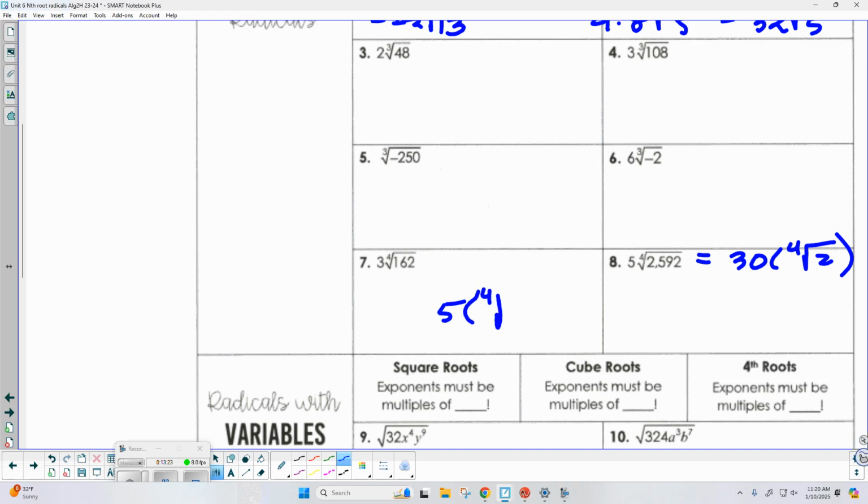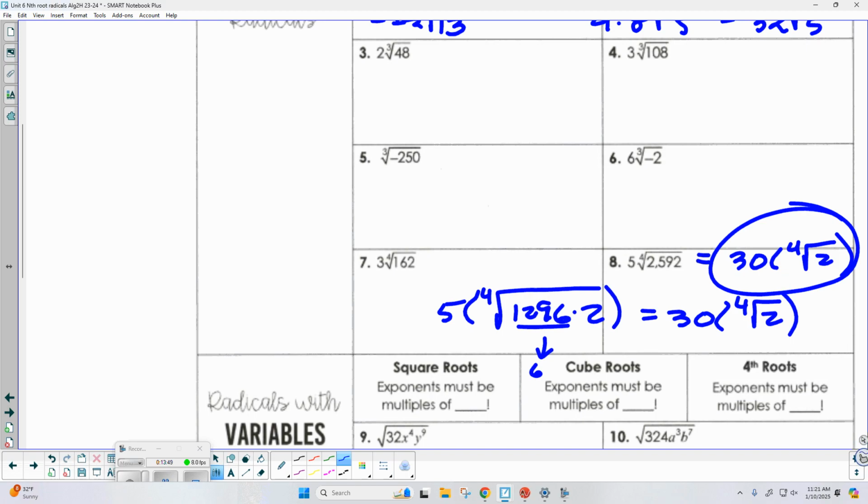So the 4th root of 2592, okay, 1296, that's a 9 right there, times 2. So the 4th root of 1296 is 6. So when I pull that 6 out, that's where I get my 30. Then we have the 2 left inside.